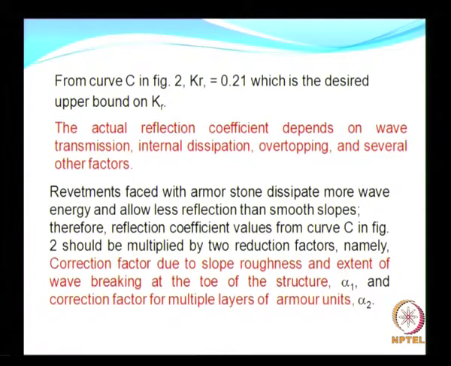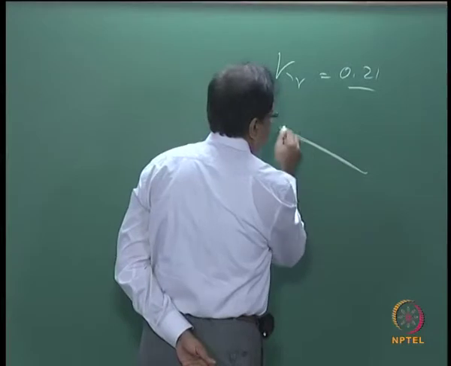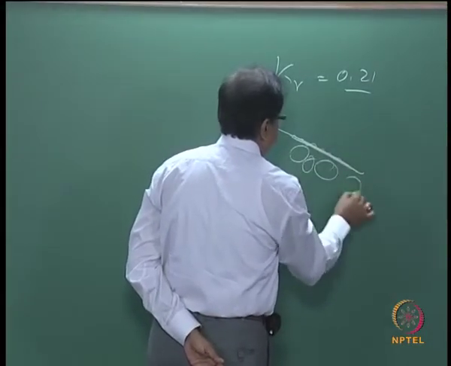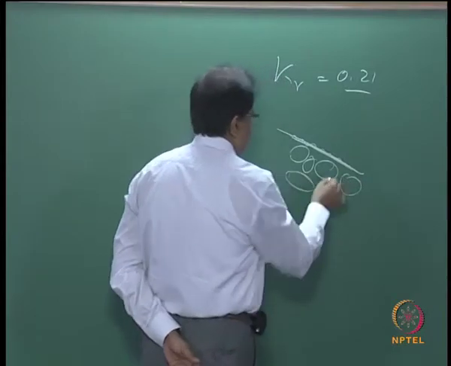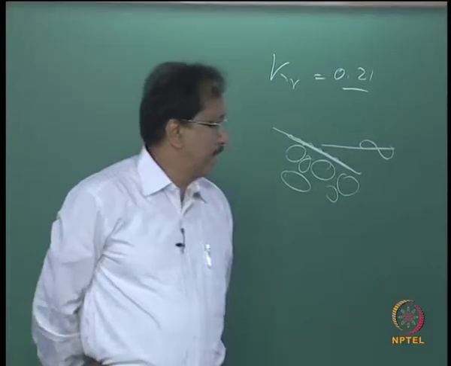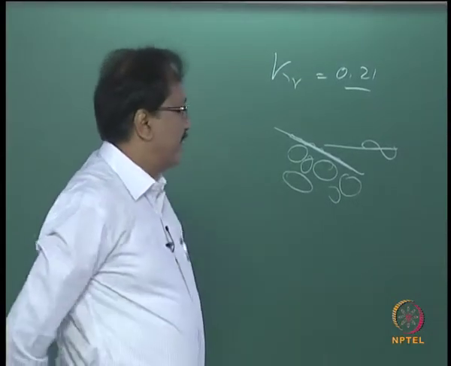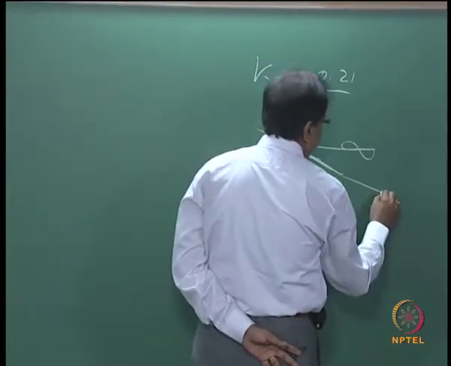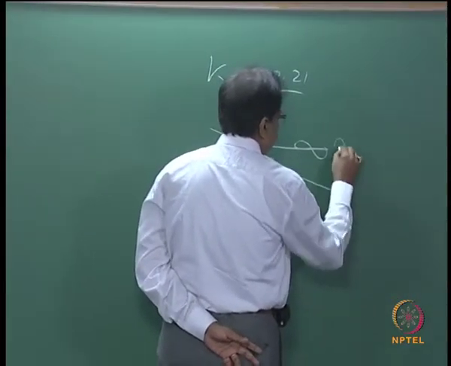What are these 2 correction factors? One is when you have the slope formed by stones, you see that one correction factor will be because of the slope roughness and also the extent of breaking. There may be some breaking near the toe of the structure.